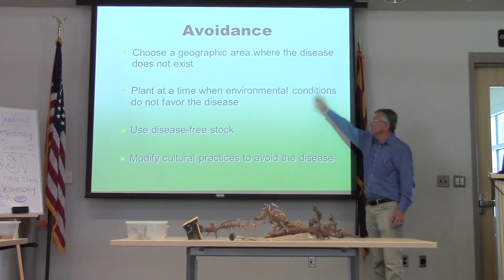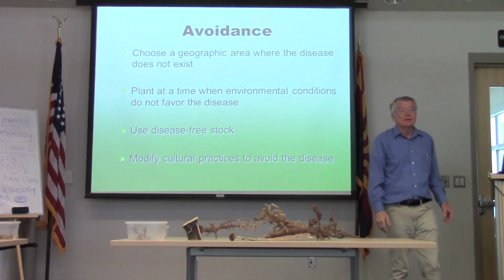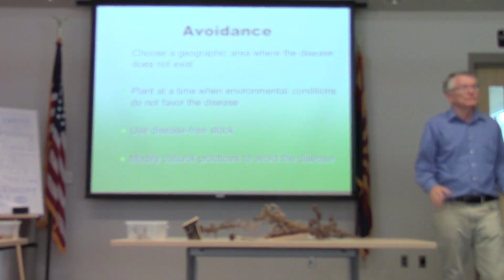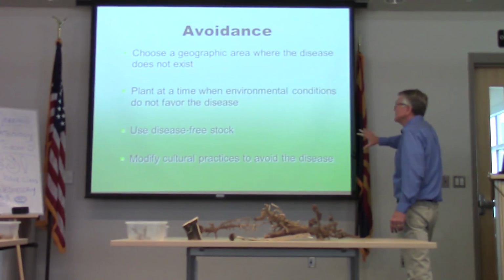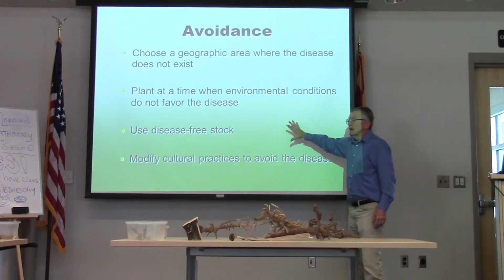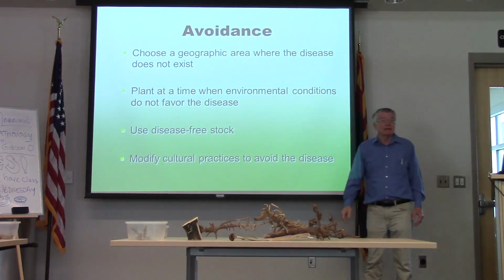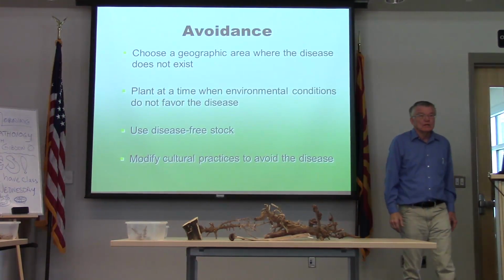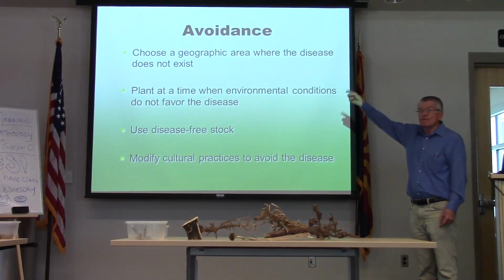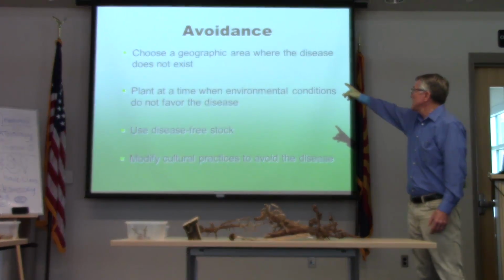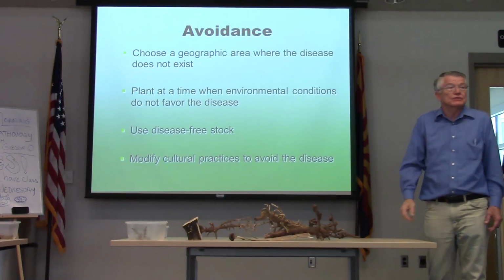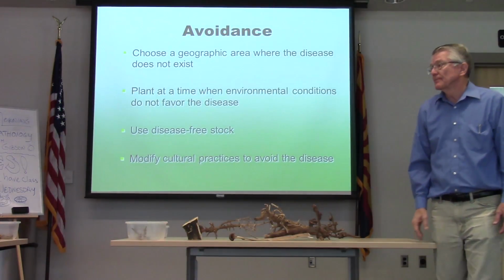So you may see these in other slides and other techniques that we might use. But it's important, I think, to understand that these are all very closely related. So, number one, if I want to avoid a particular disease, I choose a geographic area where the disease does not exist.